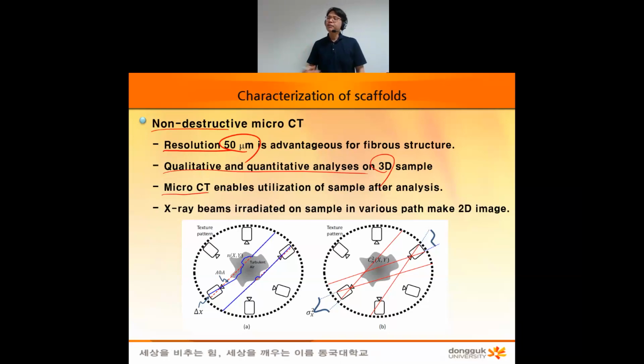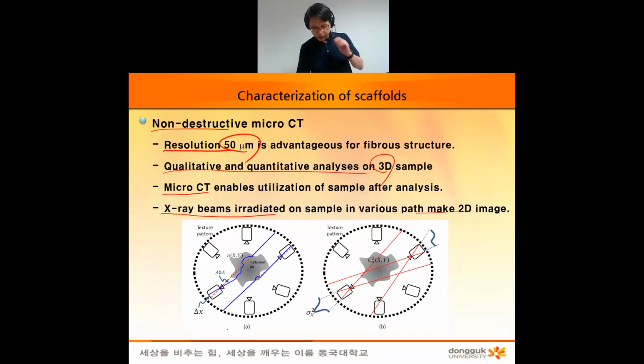So after micro-CT measurement, the scaffold can be directly applied to another analysis or to transplantation. And the principle is quite simple. X-ray beams irradiate in various directions on a sample in various paths, and it makes 2D images.